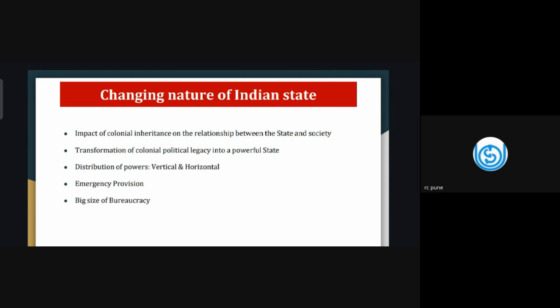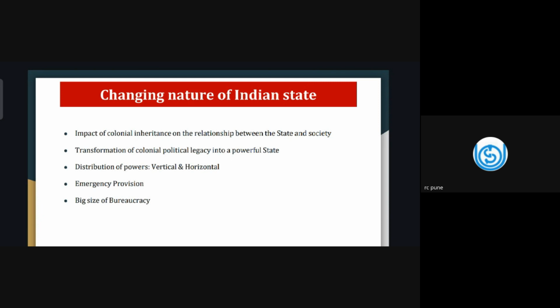Not only that, apart from this, the central government can make law on state subjects as well. If the central government decides so, they can simply bring a resolution in the Rajya Sabha, and after that resolution, the government can make law on that particular topic or subject.